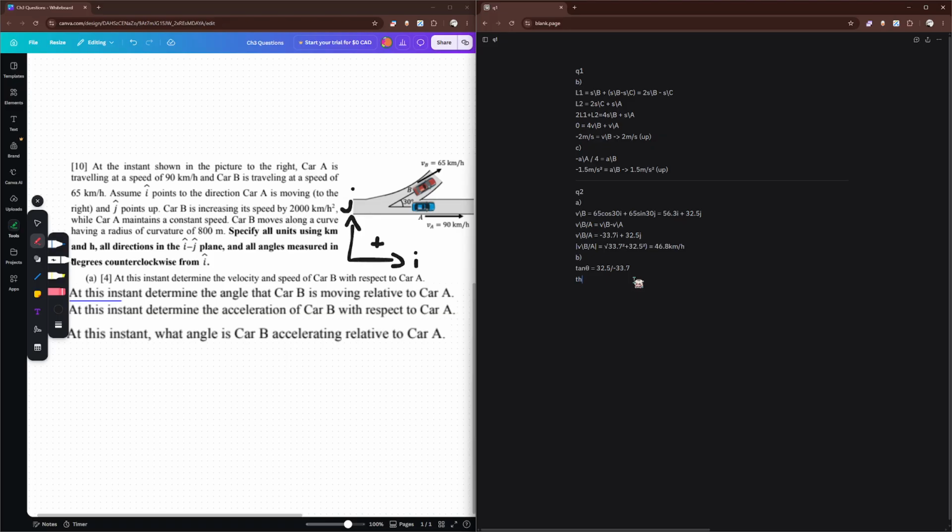So that means that theta is equal to arctan of 32.5 over negative 33.7, which is negative 44.0 degrees, right?